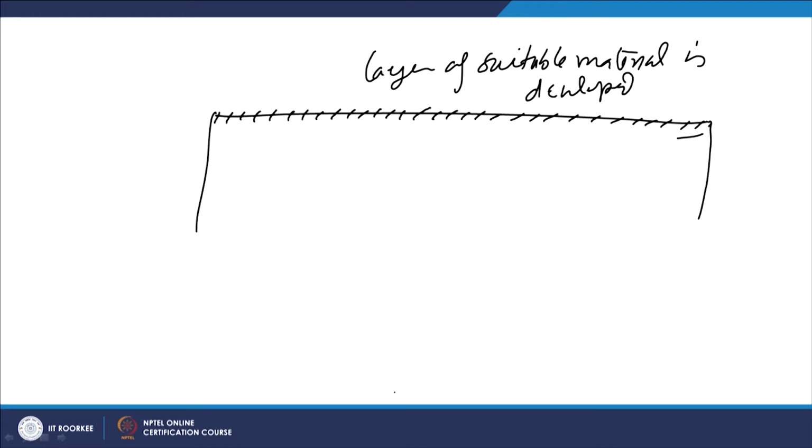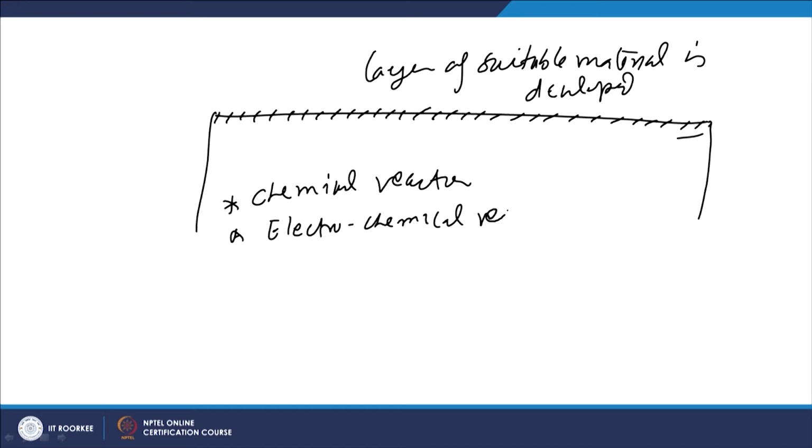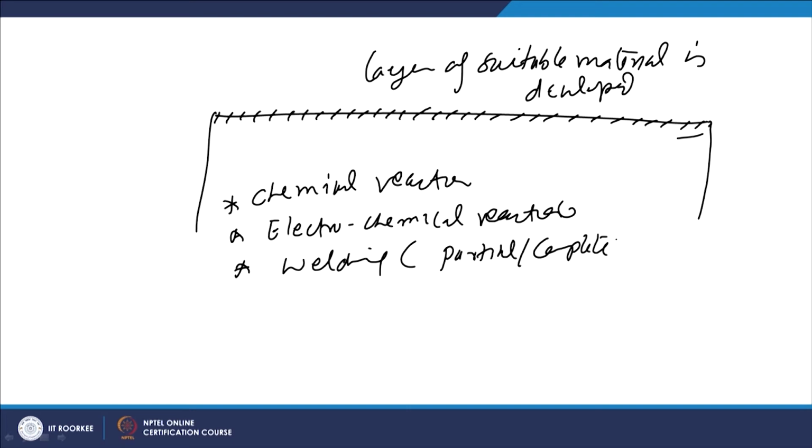Now, how can these layers be applied? There can be different methods, different mechanisms, for applying such layers. It includes chemical reactions. There may be electrochemical reactions. There may be welding using partial or complete surface layer melting.